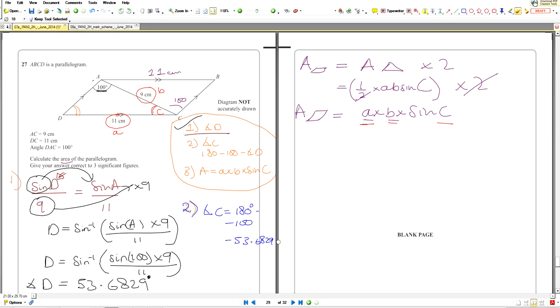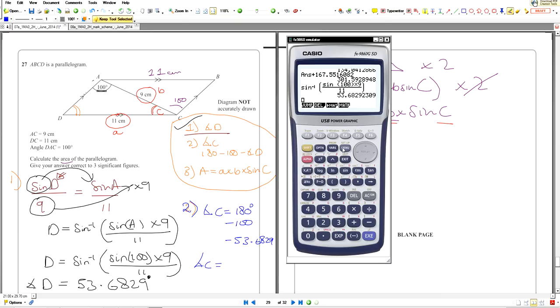Let's make this more nice. I'll get rid of that minus, we don't need that minus over there anymore. Back to the pen. So if we do 180 minus 100 minus D, that will give us an answer. Let's have a quick bash without the calculator.